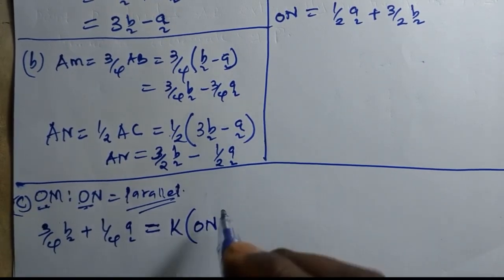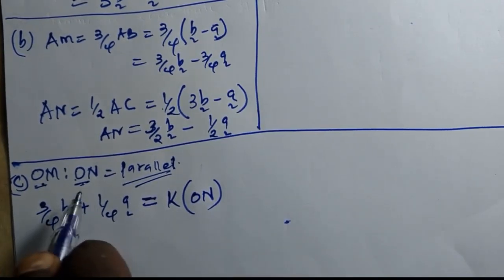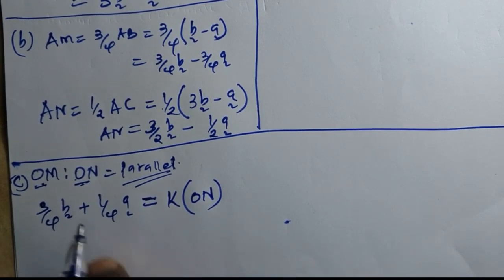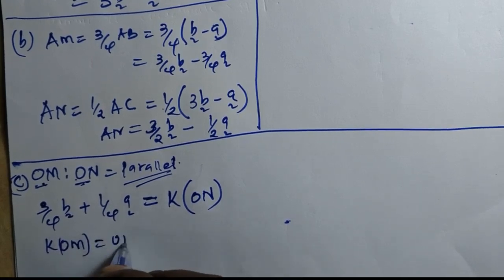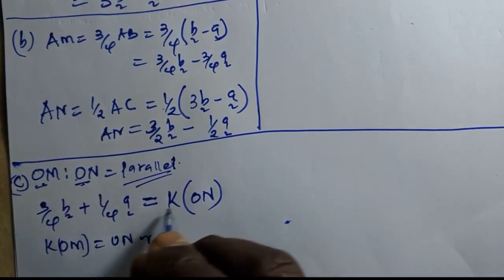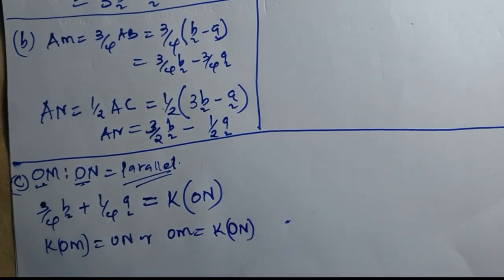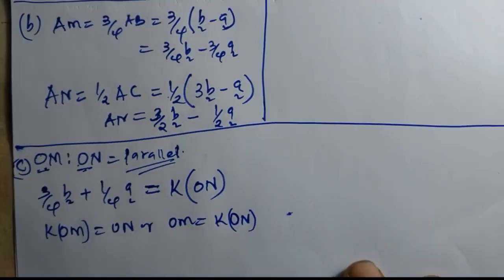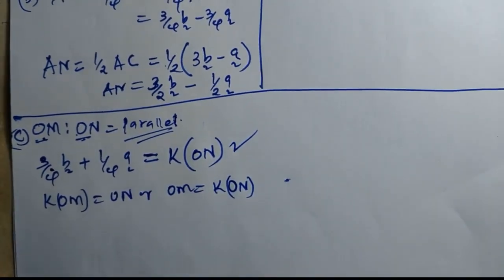You must express one in terms of the other, and if it is possible to express one of them, you can say kOM is equal to ON, or this way, OM is equal to kON. It must be expressed in terms of the other. So I have decided to express that OM is equal to kON. So let us use this one. But you can use either.